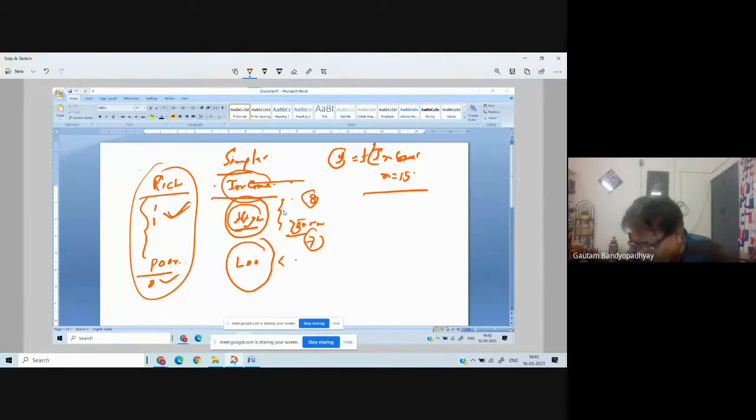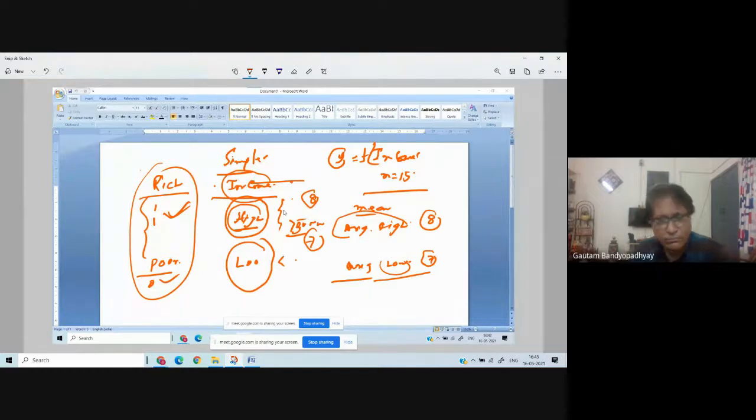How can you differentiate? Simply take the mean, the average of the high income group and the average of the low income group. The average of high income is naturally based on 8 observations, and the average of low income is based on 7 observations.